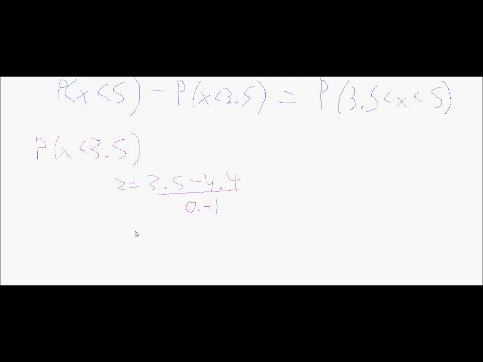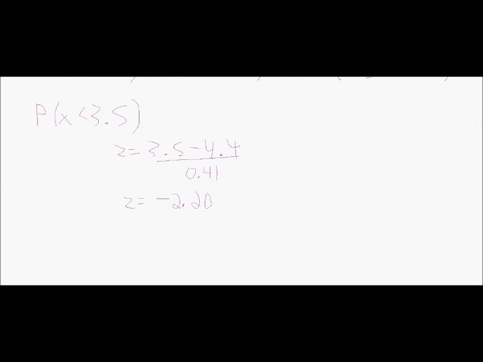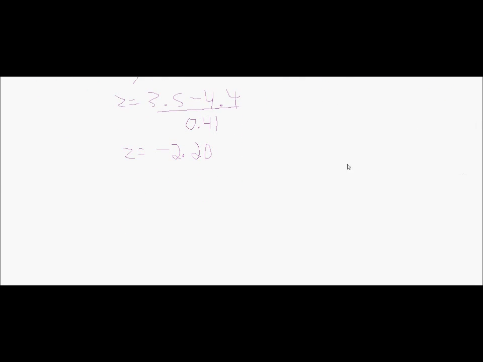And this gives you a z-score of negative 2.20. Then you go back to your z-score table and find the value of that z-score. And that value is 0.0139.